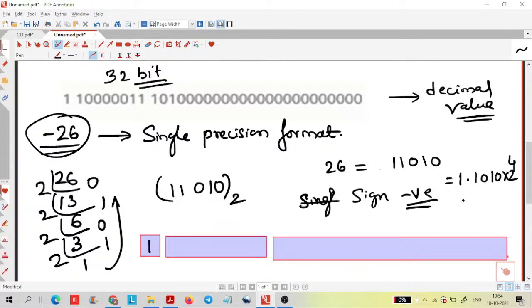So this is 4, and we add 127 as the bias value for single precision, so that is 131.